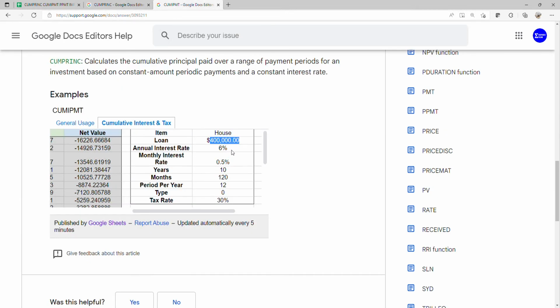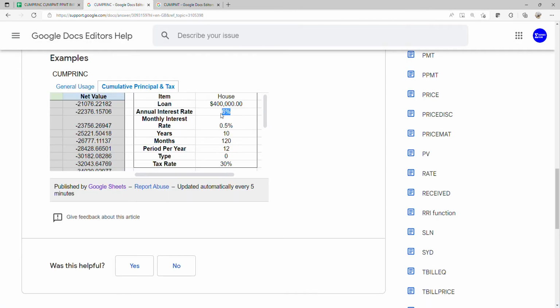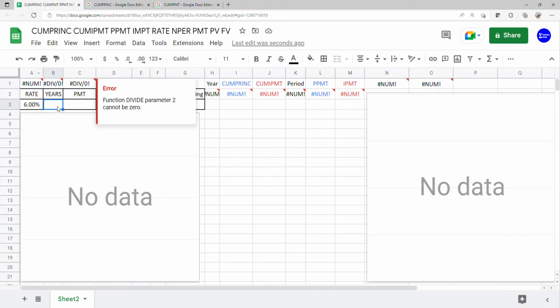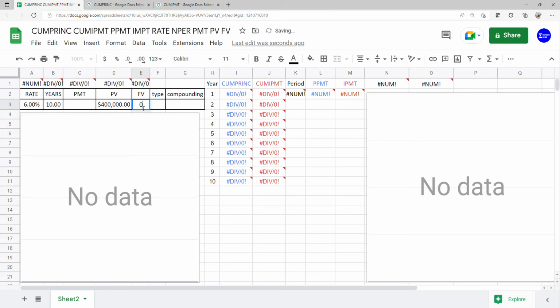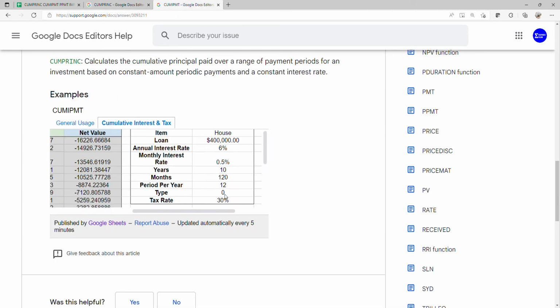The annual rate, 6%, also 6%. The number of years, 10 years, which is also 10 years. The future value, of course, is 0. And the type is 0, also 0.